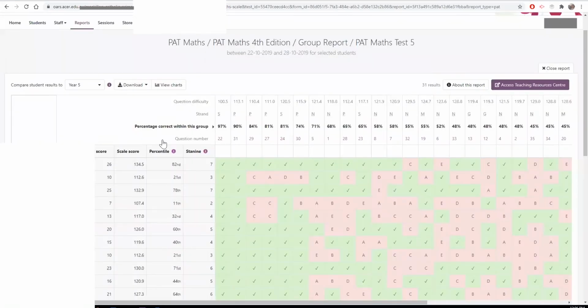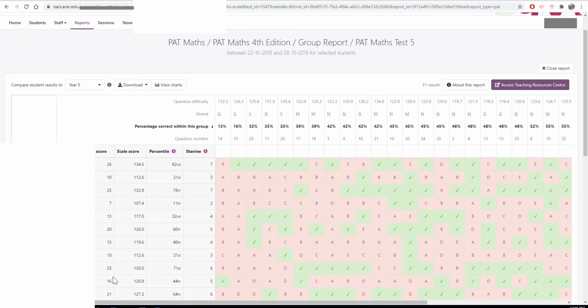Something else to keep in mind, let's go back to there, is that not all of my year 5 students have done this test. So this isn't a list of all my year 5 students. If I'm looking at my teaching overall and the students' learning overall, I need to include the other students.